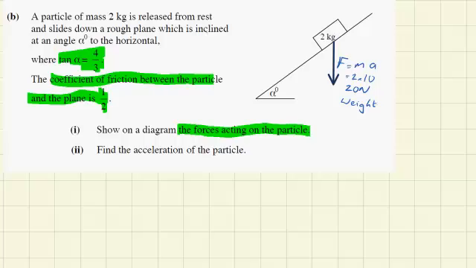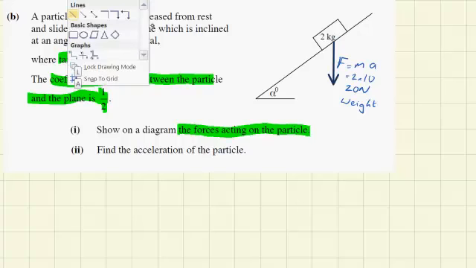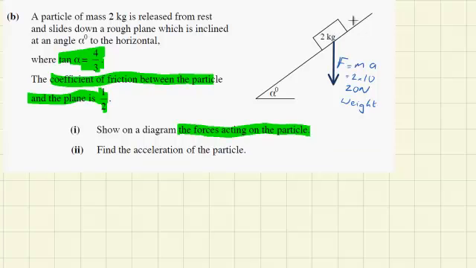Now, we're told that there's a coefficient of friction involved here as well, so we have another force this way, so it's experiencing a force in this direction, and that'll be the force of friction. So I'll just write that in there, friction.